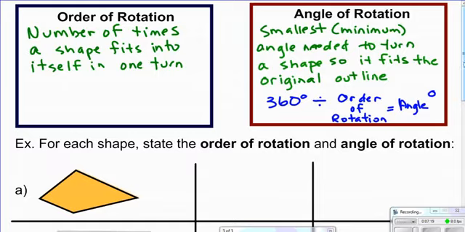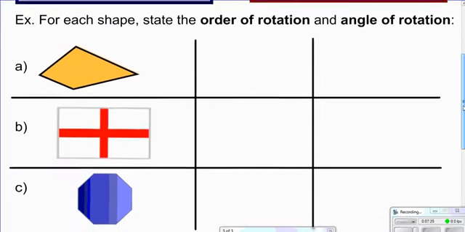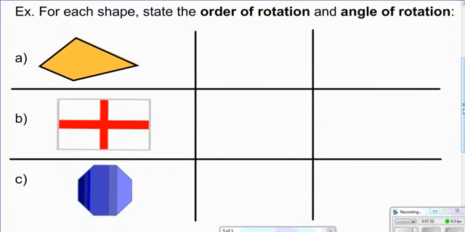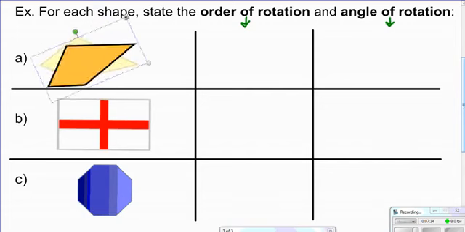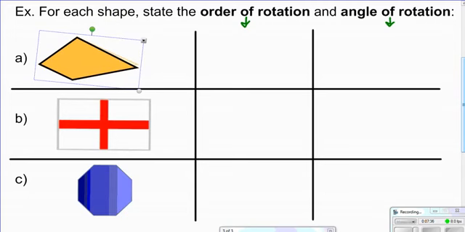Okay, so for each of these next examples, we're going to determine what the order is and what the angle is. So in this column, we're going to put the order and then the angle. If you look at the shape, how many times can I turn it to fit its original outline? In 1 full turn, I can only fit it once.